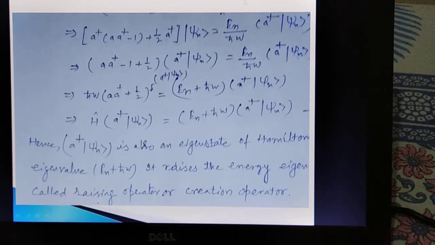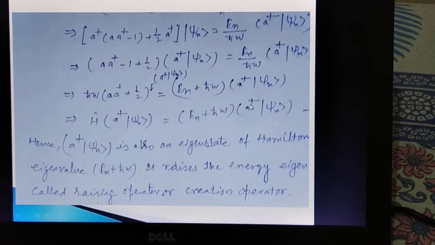Calculation is here. This equation also represents that A dagger psi n is also an eigenstate of Hamiltonian H with new eigenvalue En plus h cross omega. And clearly, the eigenvalue has been increased by an amount h cross omega.